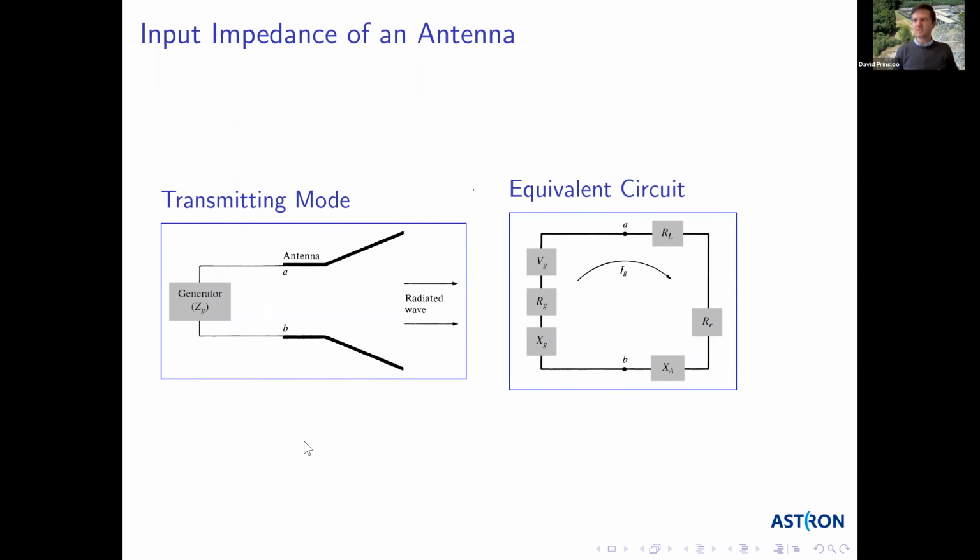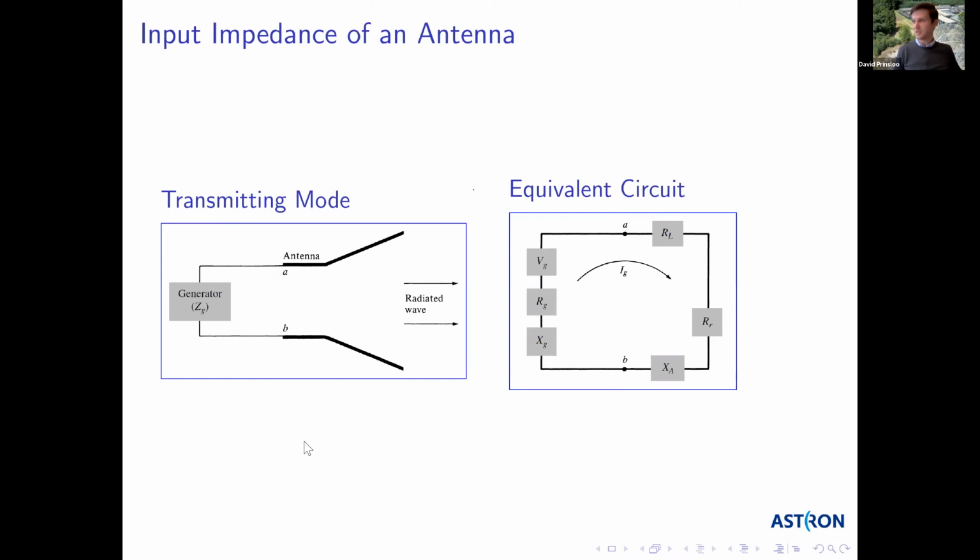So let's have a look at the equivalent circuit of an antenna. I've now spoken about the impedance of the antenna, and in terms of an equivalent circuit of an antenna, that is exactly all it is. It is just an impedance. It's actually very simple to include in your circuit models.